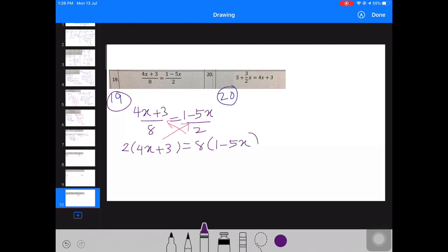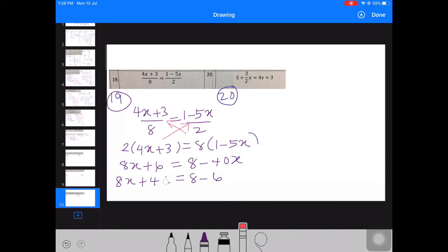So we expand them, 8x plus 6. Over here on the right side you get 8 minus 40x, and then we group the like terms, 8x plus 40x equals to 8 minus 6. Sorry, it's a mistake here. 40x, right?